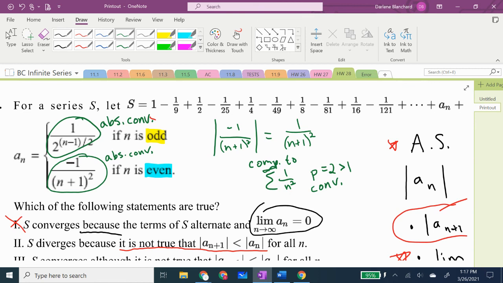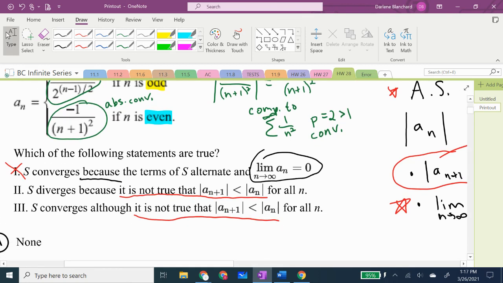The two of them added together create a convergent series. So I get that S converges, although it is not true that it does the decreasing of the absolute values. So remember, it converges, although the alternating series test does not apply.